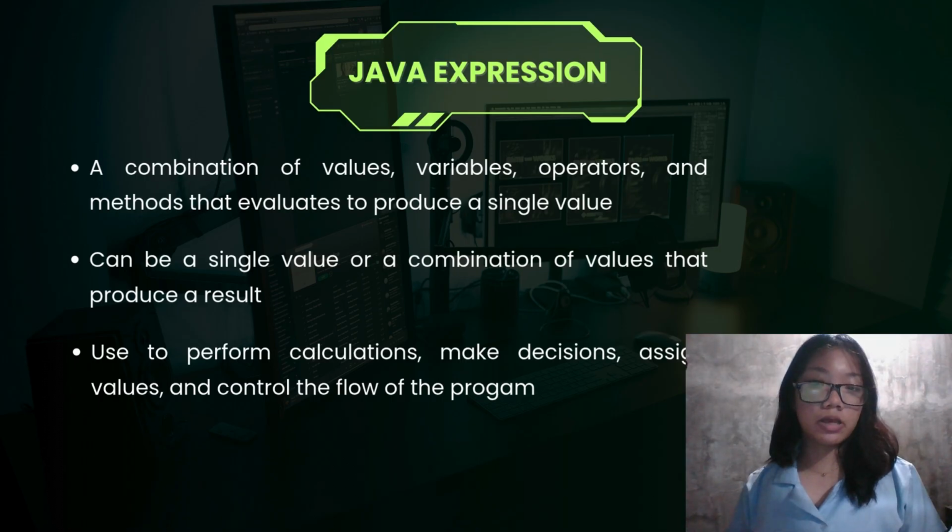Expressions are the foundation of programming logic. They are used for calculations, assignments, decisions, and controlling program flow. In short, whenever you perform an operation or compute something in Java, you're using an expression.